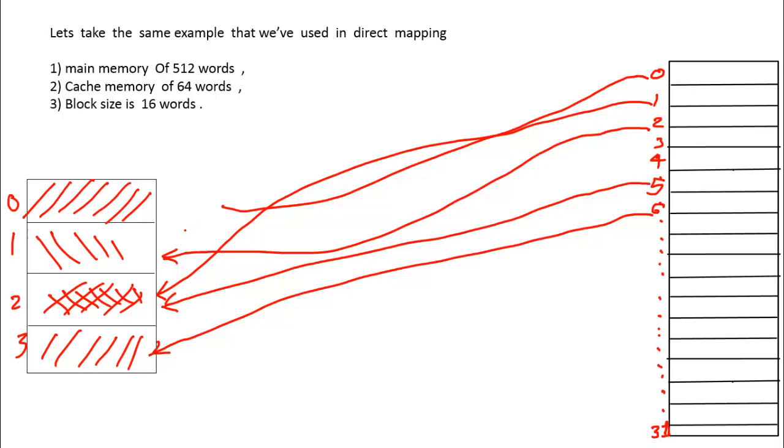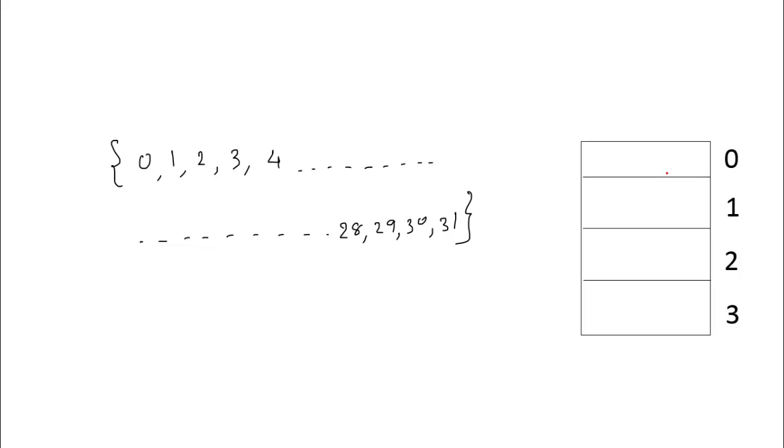Fine. So I suppose that's clear. So the scenario would be something like this. Assume that this one is a cache memory, and these are the block numbers. Okay, and here we have 0 to 31st main memory block number.